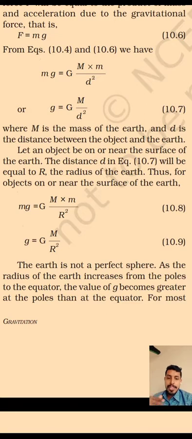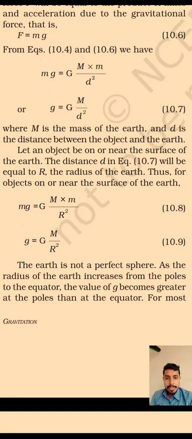Okay, if we are doing the calculation, 9.8. But where a question may happen, last year's annual exam also had that question: is there any difference in acceleration due to gravity at the poles and equator, or is the acceleration due to gravity the same in every part of the earth?